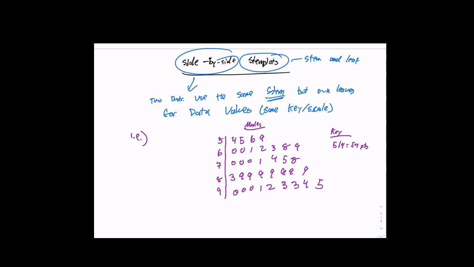Now, what makes it a side by side? You put a stem line on the other one. And here is where you do the females.